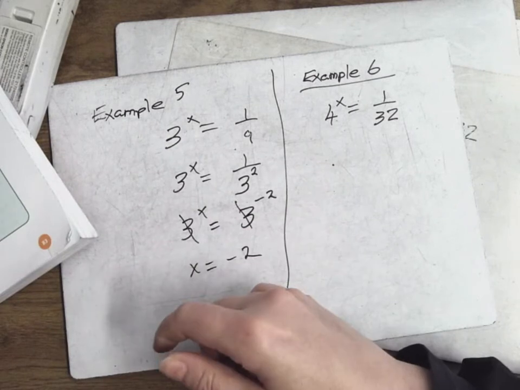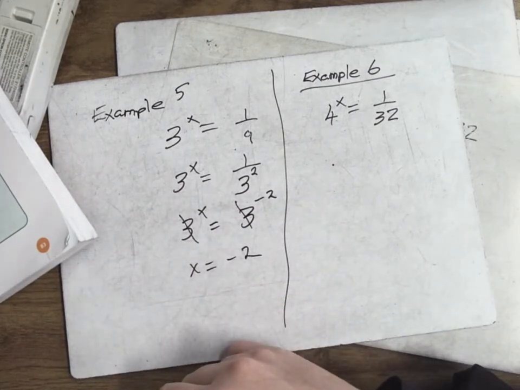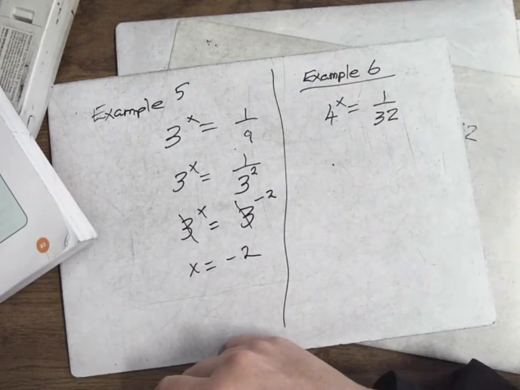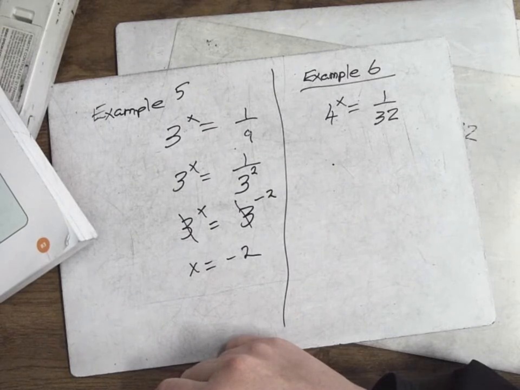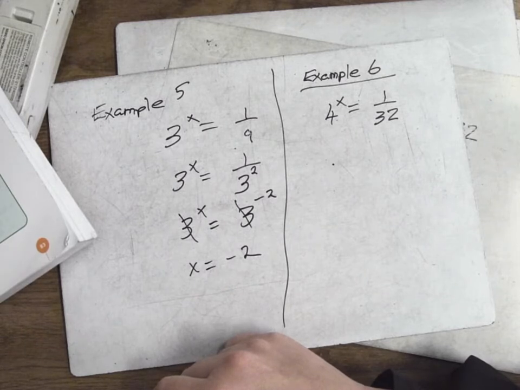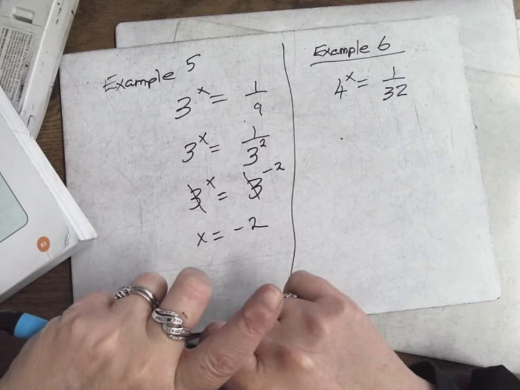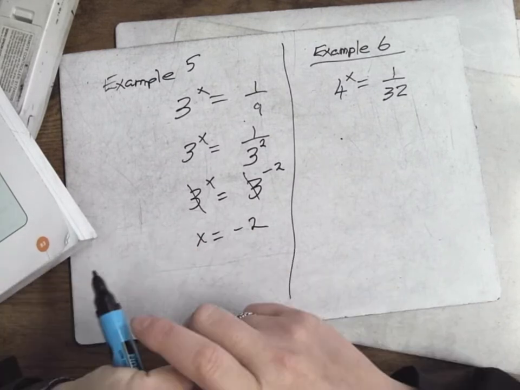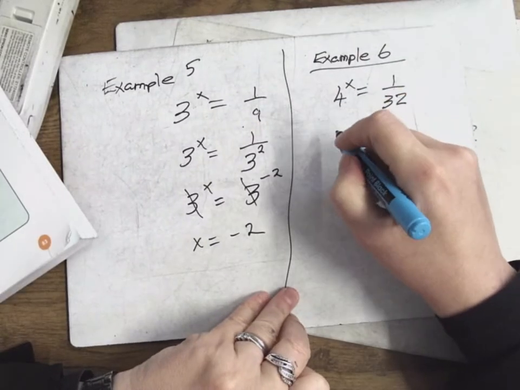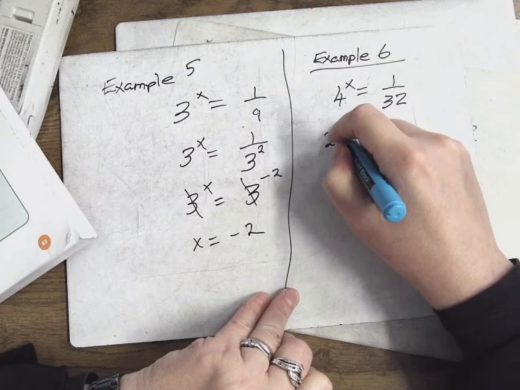You can't, because 4 squared is 16, 4 to the power of 3 is 64. So you have to go smaller than 4. So what will I write everything as a power of? 2.